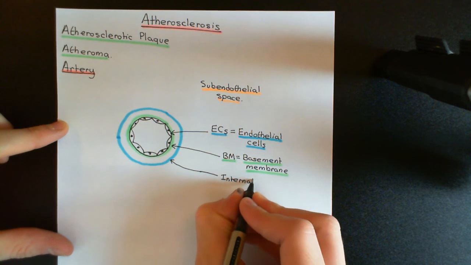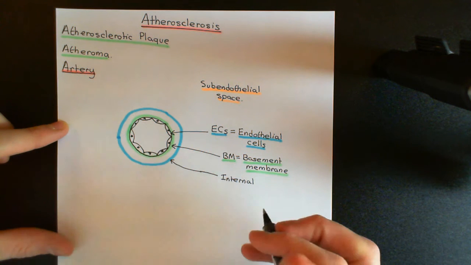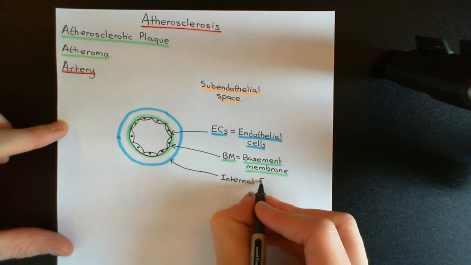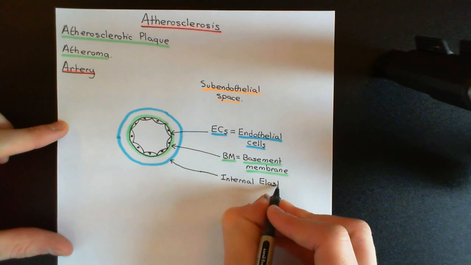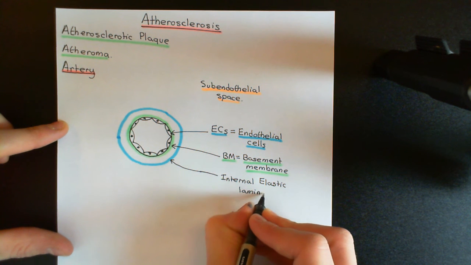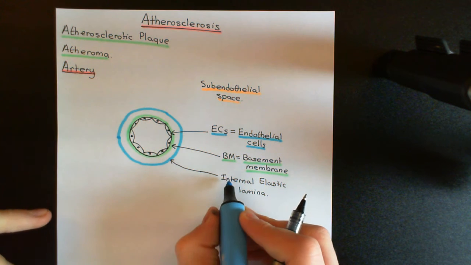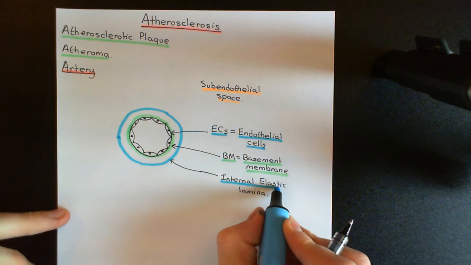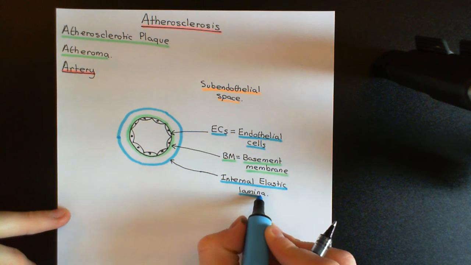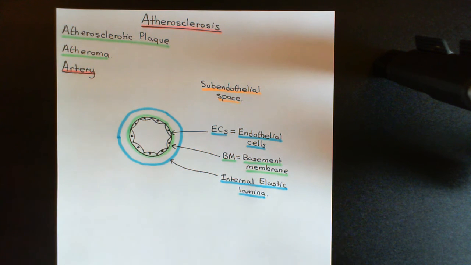We'll see also that there is an external elastic lamina in the structure of an arterial blood vessel wall. Lamina, by the way, just means layer, so it's the internal elastic layer.